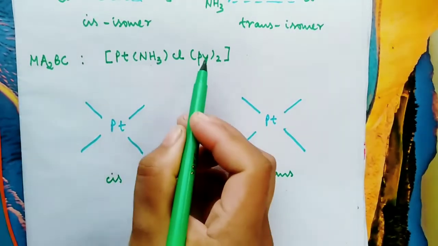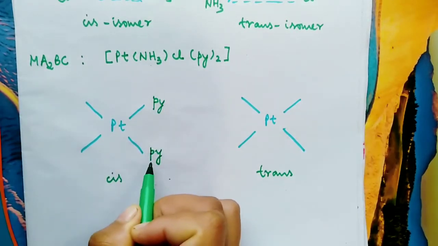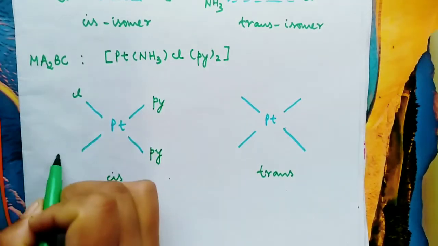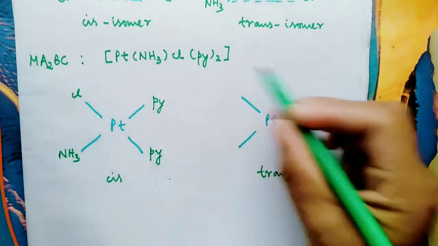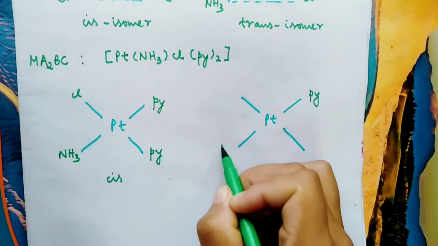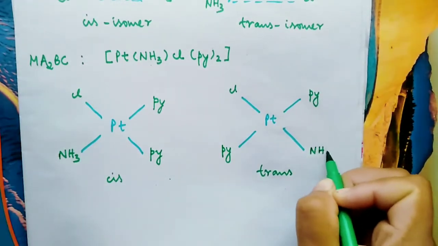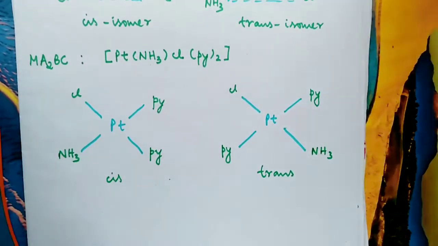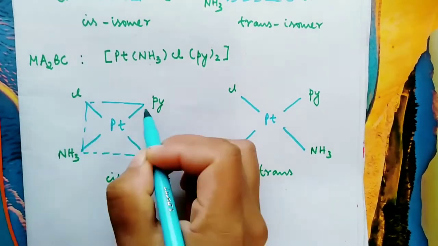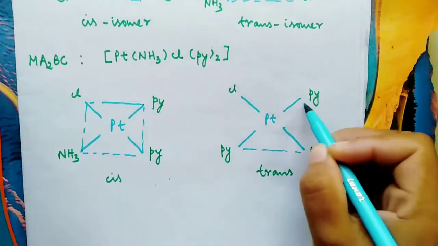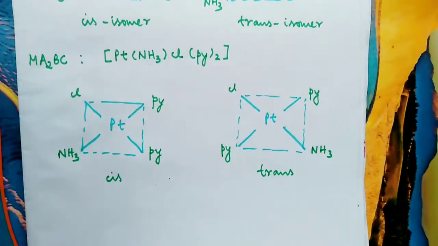For the cis, these two similar groups must lie adjacent to each other. Here we have Cl, NH3. Whereas for the trans, these similar groups must be opposite to each other. So this is your trans isomer.